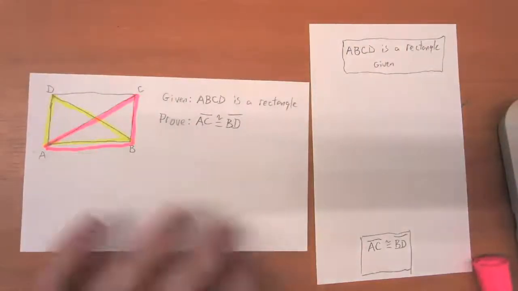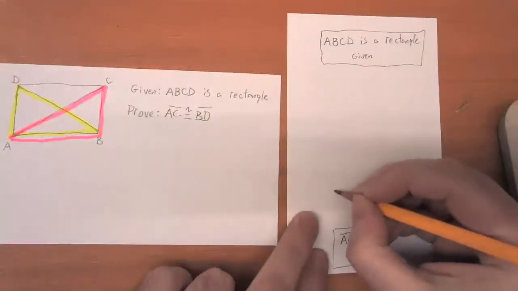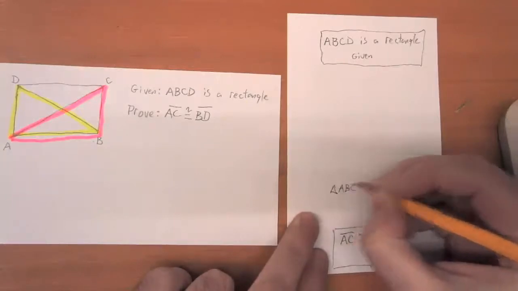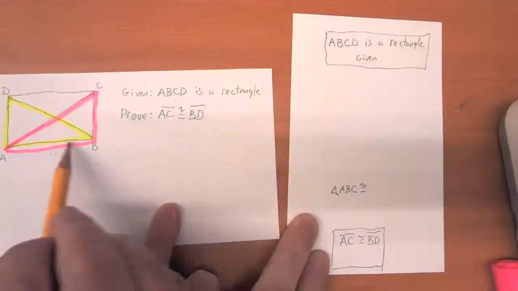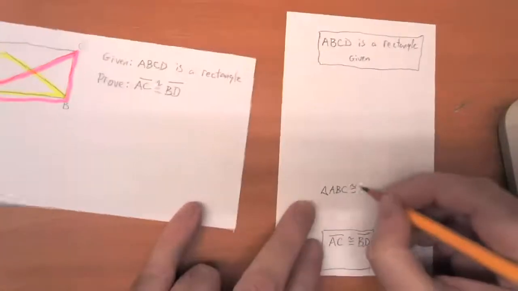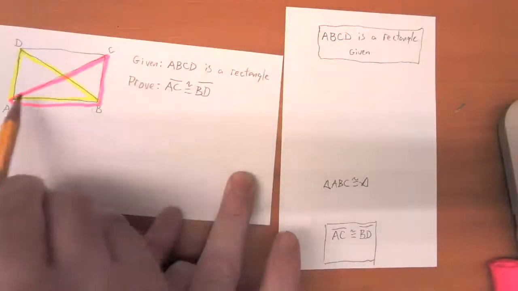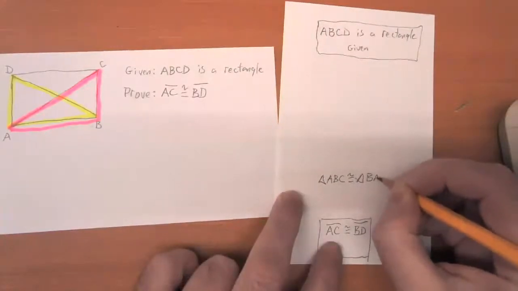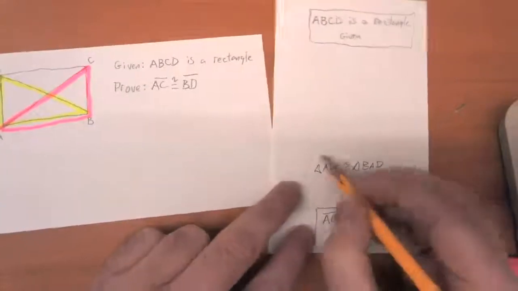then I could get to the bottom step by CPCTC. All right, so let's make that the second to last statement of our proof. Triangle ABC is congruent to, and this goes along the bottom side to the right angle to the top, so for the yellow triangle, starting from the far side, going along the bottom, B to A and up to D. Remember, when you do triangle congruence, you need the corresponding vertices to line up.